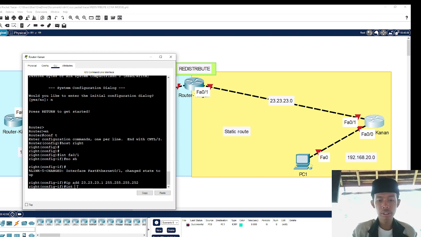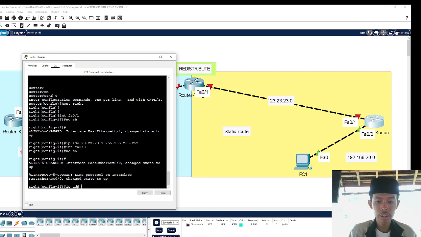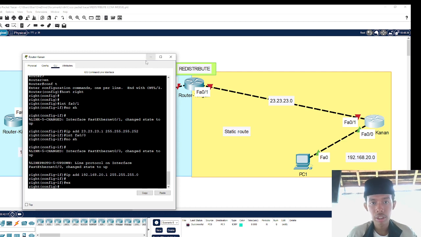The same thing with FA0/0 on the right side router: no shutdown, IP address 192.168.20.1. After that we will do a static route configuration.